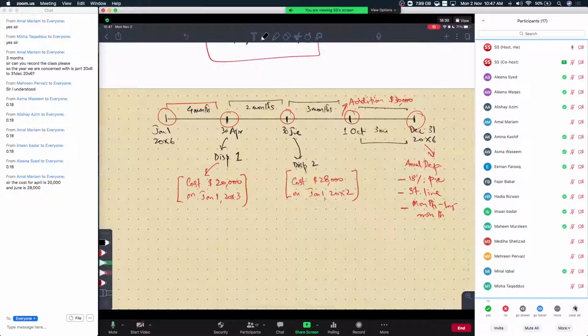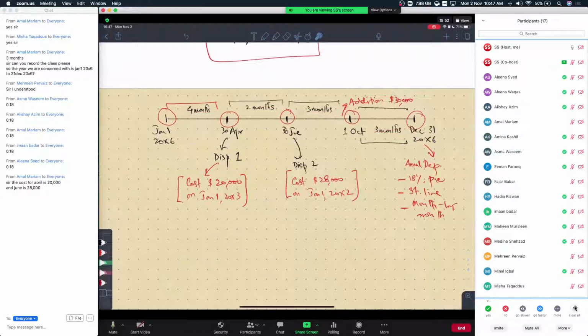So that is how 12 months are added. So 4 plus 2, 6, and 3, 9, and 3, 12, right? So this segment we only did because we are using month by month depreciation charges, right? If there were full year depreciation charges, we would not need to calculate these months.